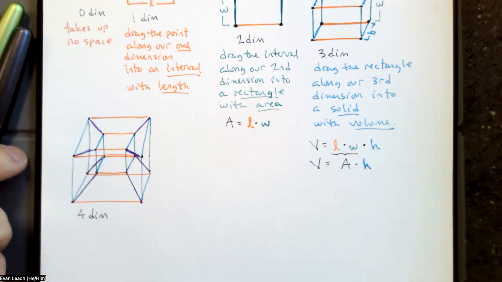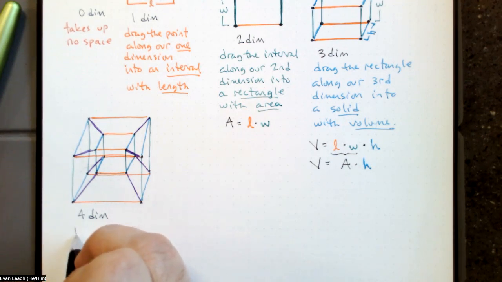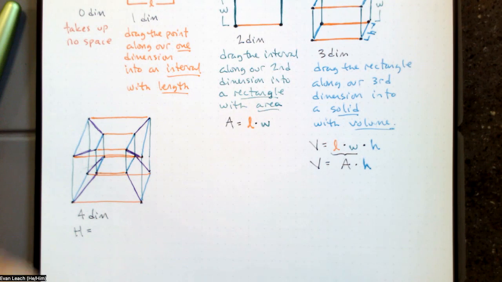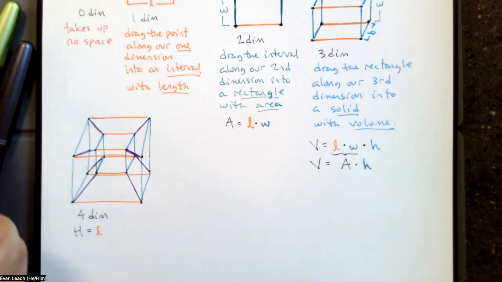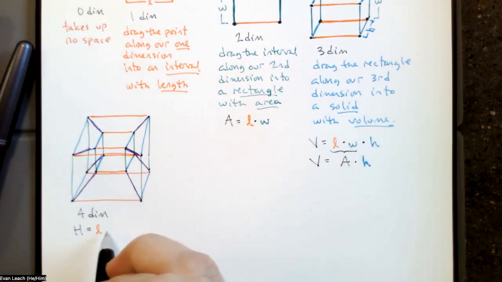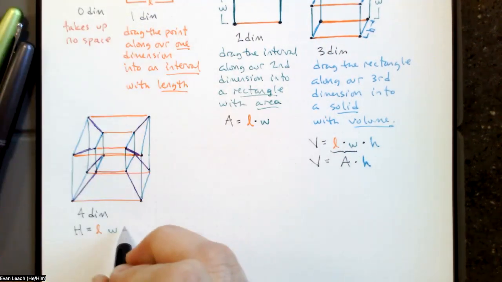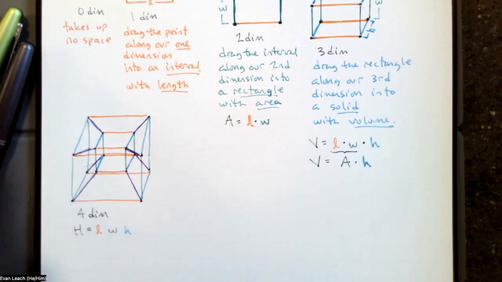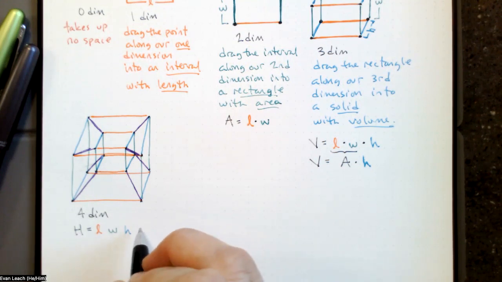But our volume, I'll call it big H for hypervolume, is just going to be length times width times height times, I don't know what we call it, depth.